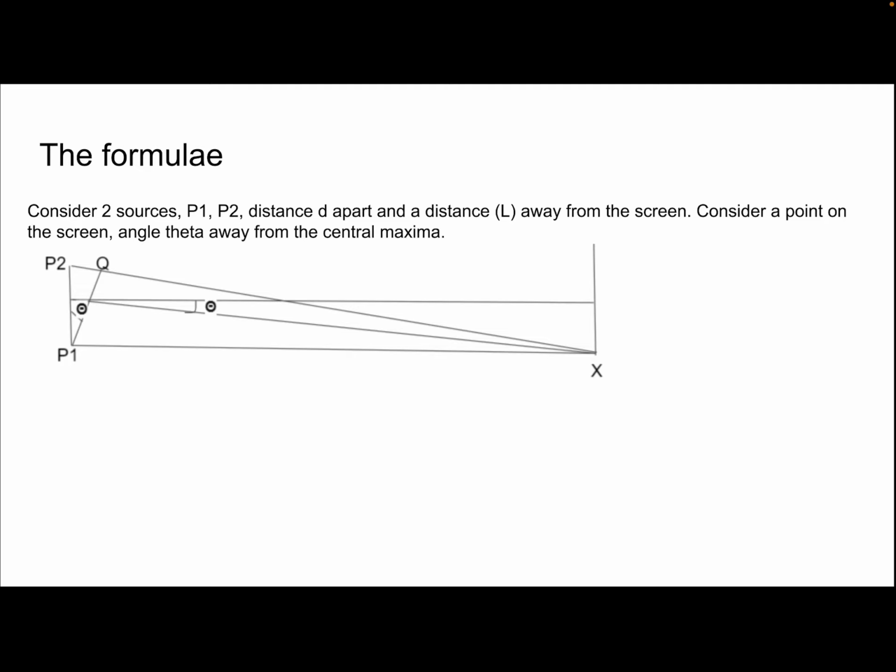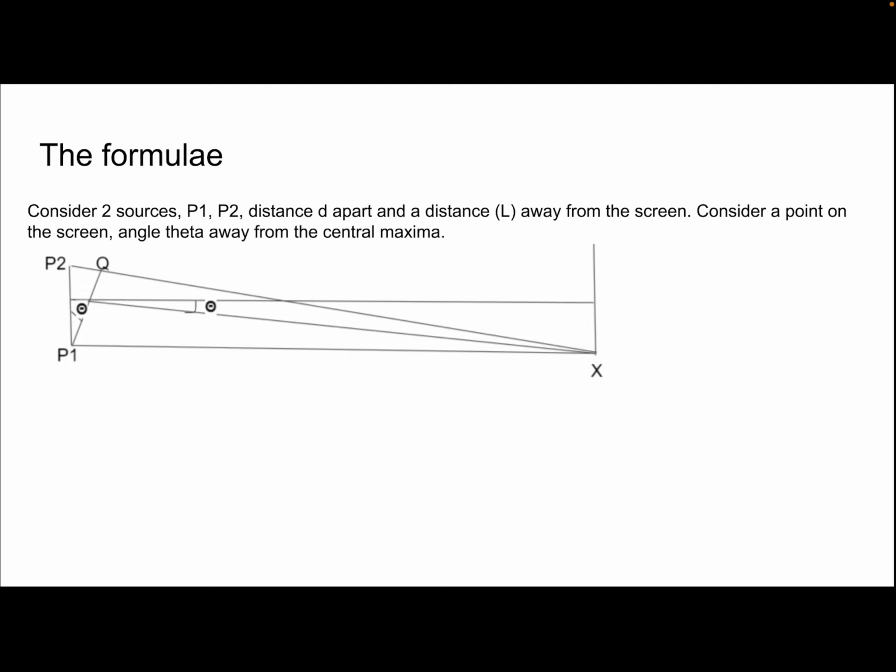We have our point 1 and our point 2, and our central line running through is the position of our central maxima. I'm going to choose a point X, which is X meters away from the central maxima, and that is also angle theta away from the central maxima. So that's where our point X is located.